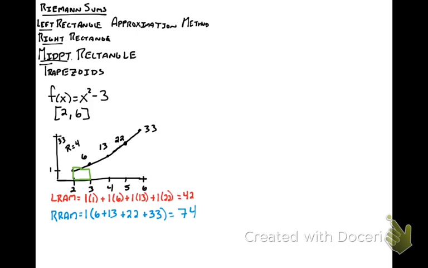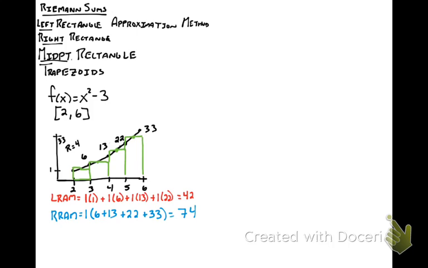So there's my first rectangle, my second rectangle at 3.5. My rectangle will look something like this. My third rectangle, whose height will be found at 4.5. And my fourth rectangle, whose height will be found at 5.5. So again, it's just declaring where I'm finding the height.